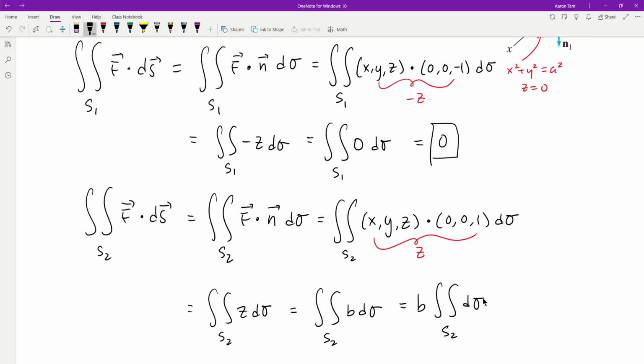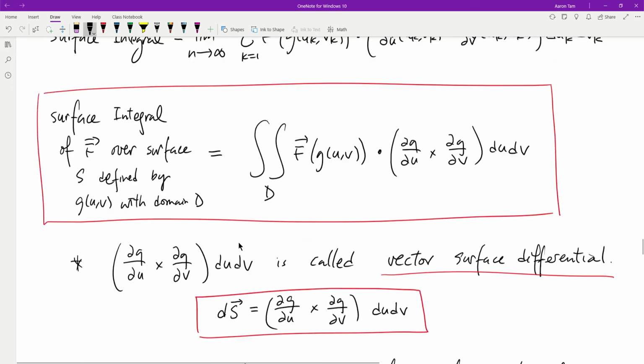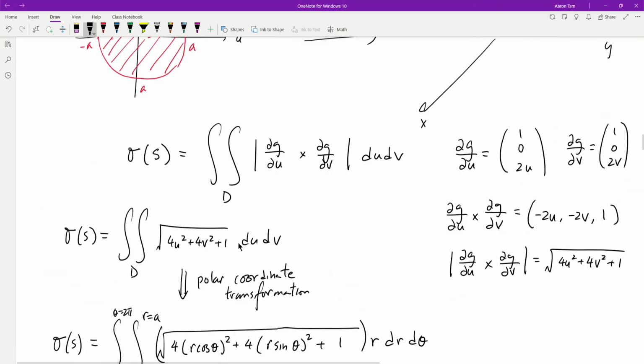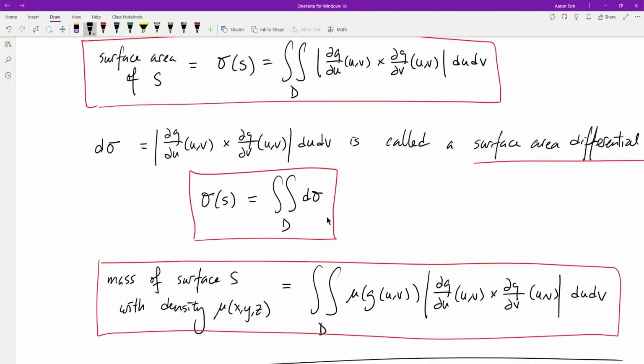And now comes the interesting part. We are basically doing a double integral of d sigma. What should that equal? If you look back in your notes, you actually learned about it right in our first video, where if you integrate a region d sigma, you just basically get the area of that region. I just made a notation error here.